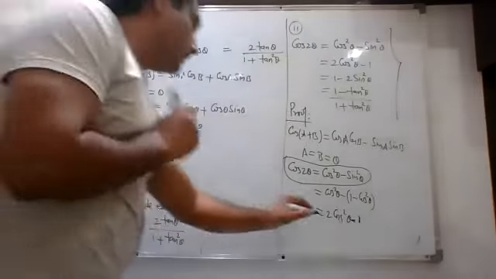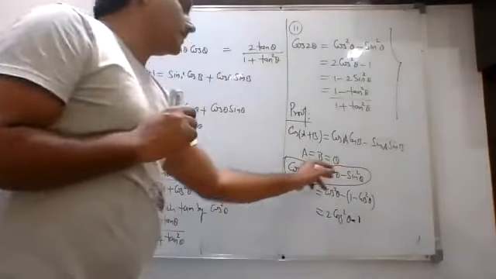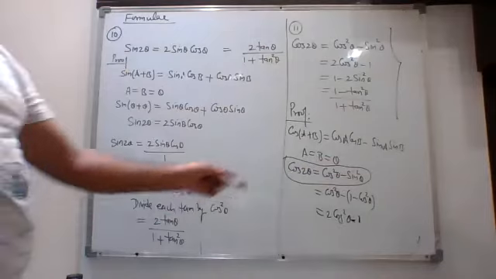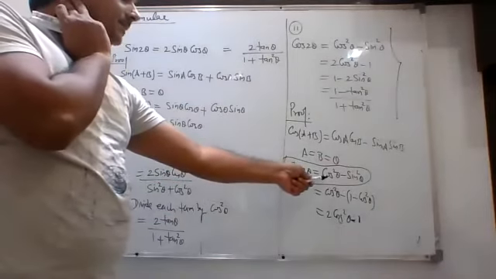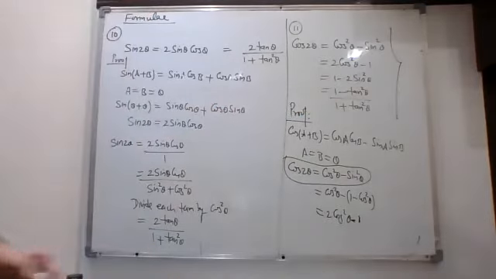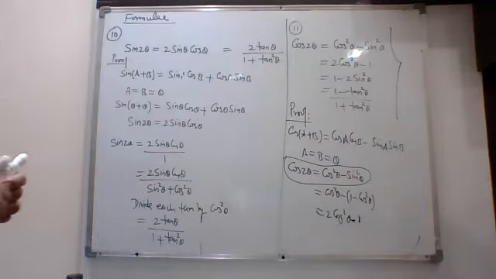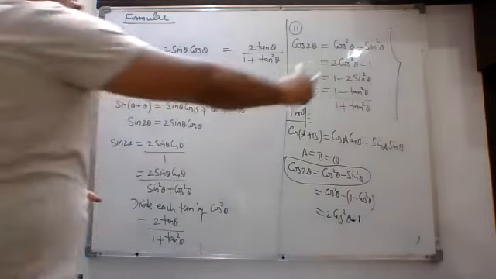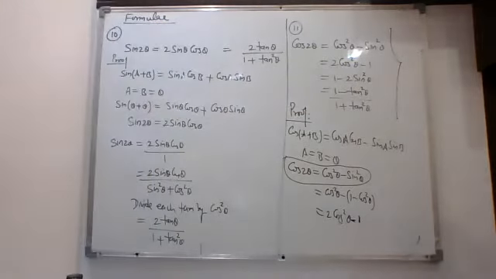Now similarly, if you want to get this entirely in terms of sine, then you can write this as 1 minus sin² θ, and that can be written as 1 minus 2 sin² θ. So this third also you can prove yourself.